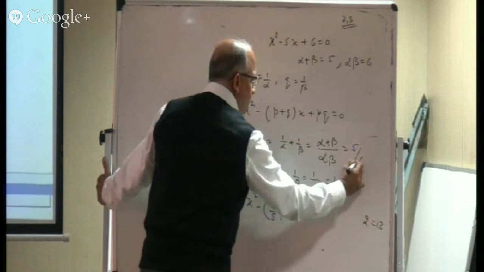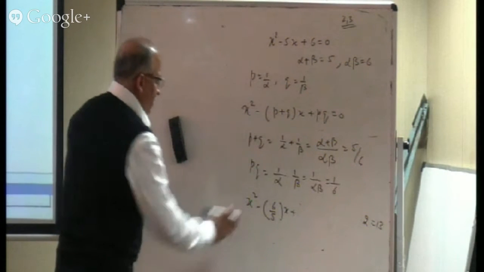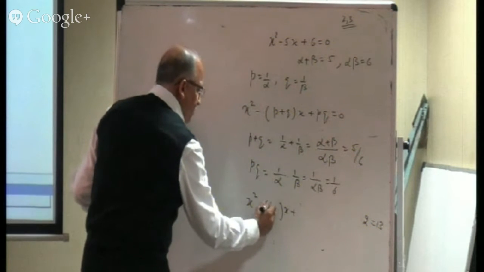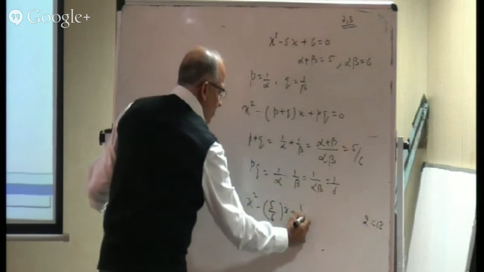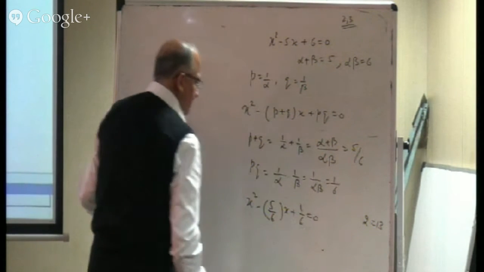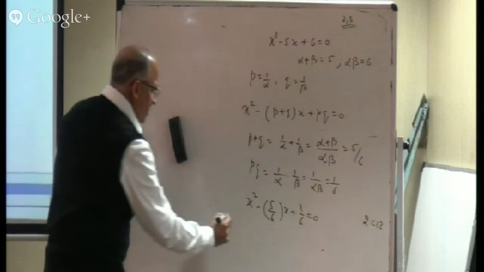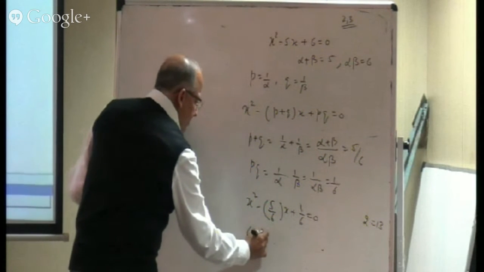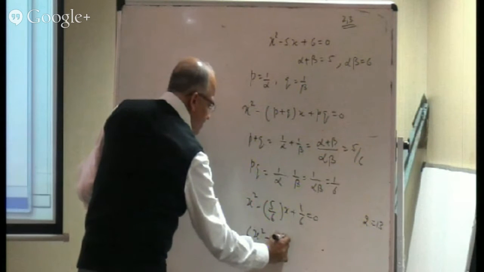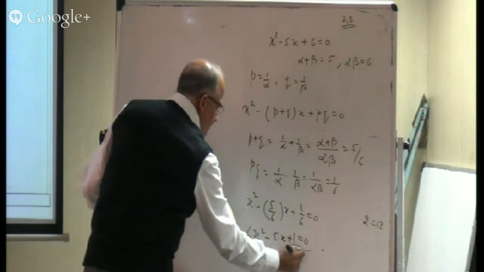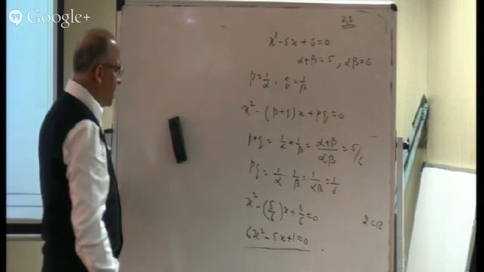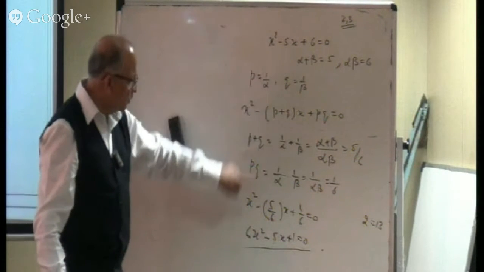It has to be 5 by 6. So it is x square minus 5 by 6 x plus 1 by 6 equal to 0. So what is the equation? 6x square minus 5x plus 1 equal to 0. So this equation has been transformed to this equation.